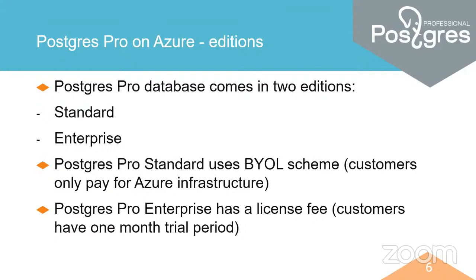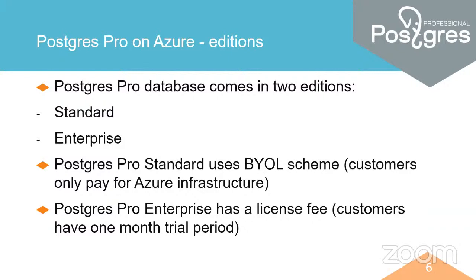We provide 2 editions of Postgres Pro database on Azure Marketplace, Postgres Pro Standard, which uses bring your own license scheme, and Postgres Pro Enterprise, which has license fee. So the customers can start small with Postgres Pro Standard and grow further up to the Postgres Pro Enterprise if they need advanced features.